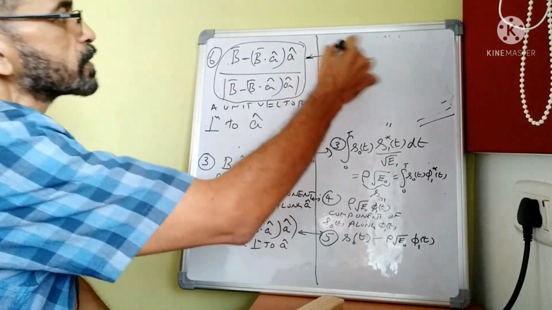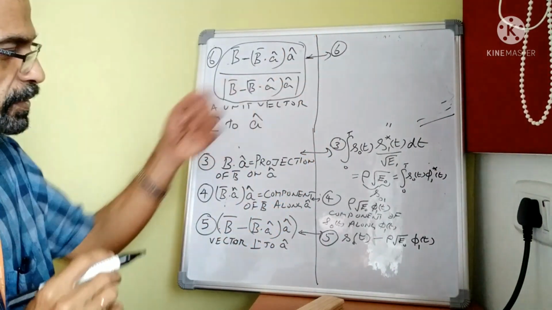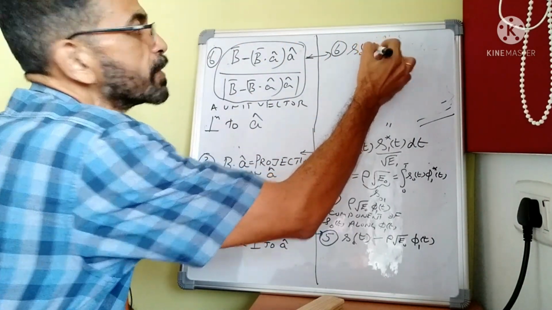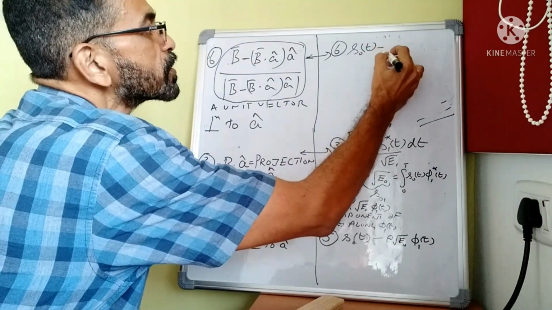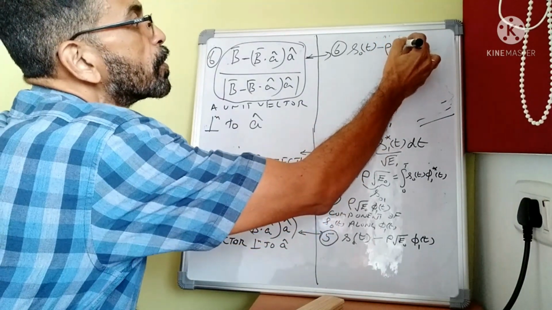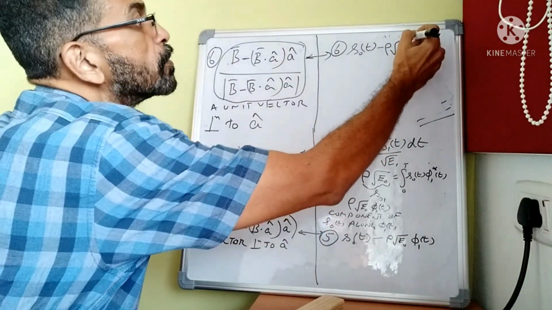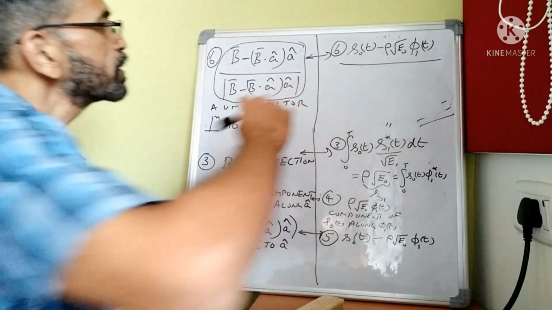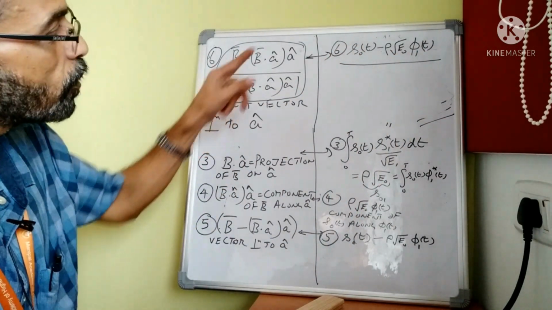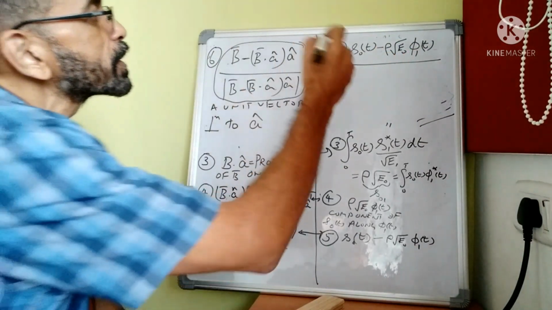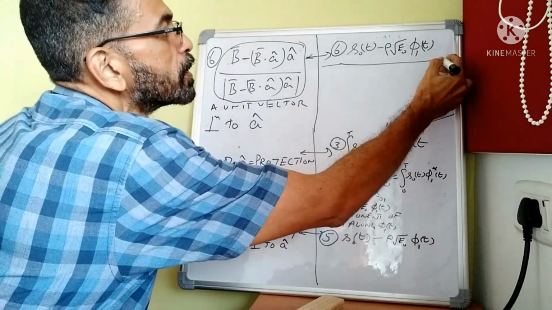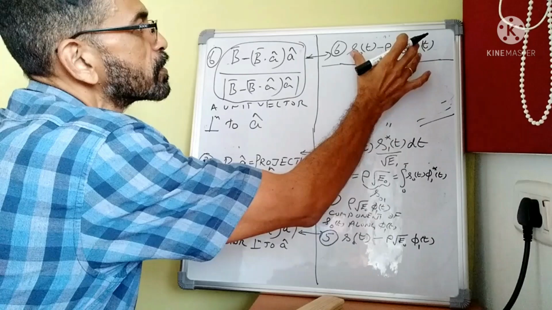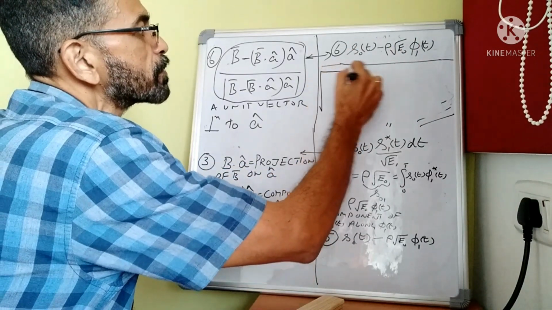And the corresponding step on the signal side is S0(t) minus rho root E naught phi 1(t) divided by the magnitude of the numerator. So how do we get the magnitude of the numerator? We can visualize this as a single vector now, a single signal, and we obtain its magnitude.